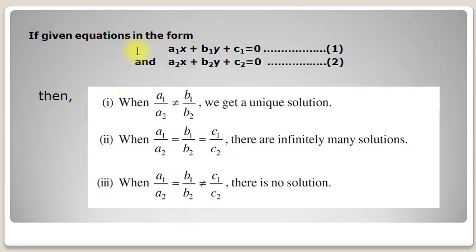Now again, if the given system of equations is in the standard format, that is a1x plus b1y plus c1 equals 0 and a2x plus b2y plus c2 equals 0, then there are some conditions by which we can directly say which pair of linear equations will have a unique solution, that is one and only one solution, infinitely many solutions, or no solutions.